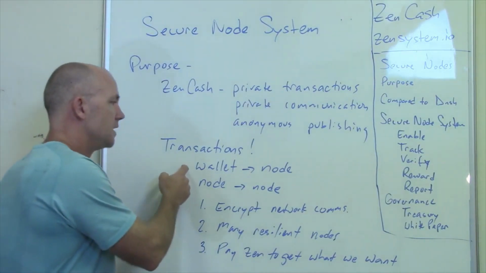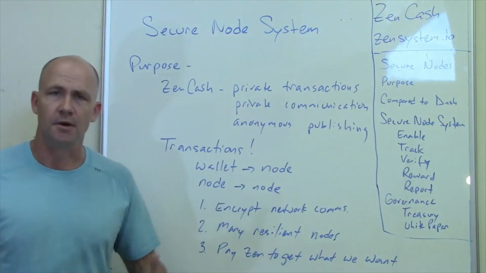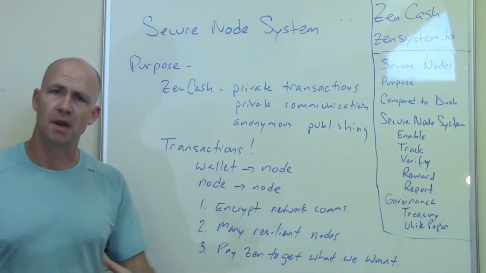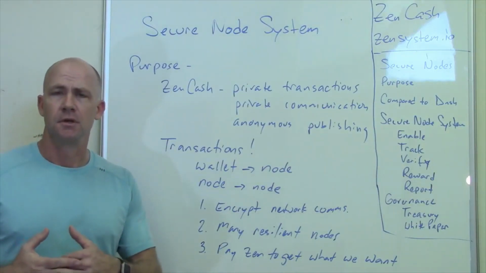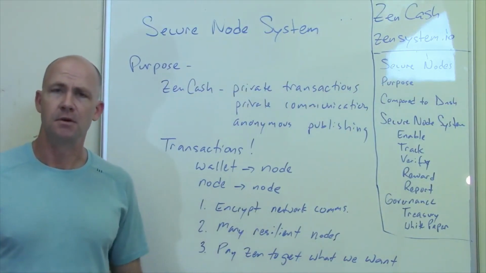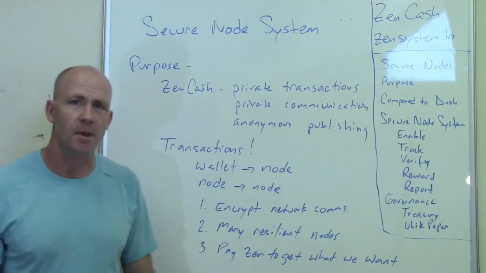That wallet sends information to a node. The nodes send it to one another. Those end up going to nodes operated by mining pool software. The mining pool software puts those transactions into a ledger, and that ledger gets wrapped up into a block that gets appended to the blockchain. So that's how we have a blockchain system.